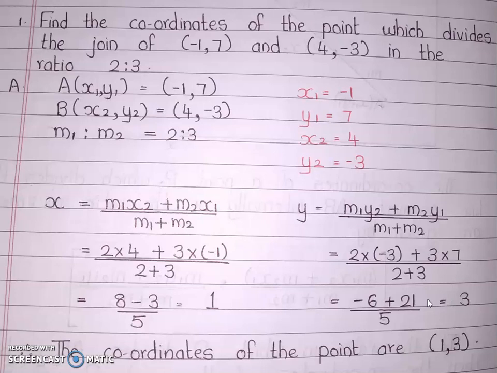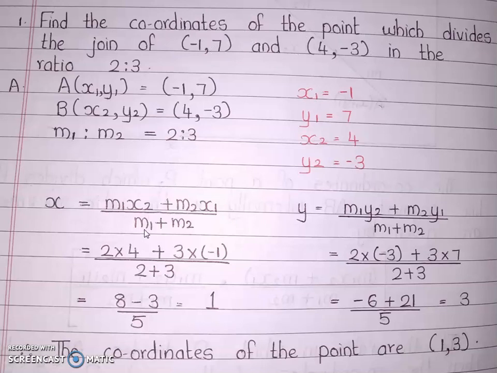Once again, this is a direct question related to the section formula. Here you have point A as (-1, 7) and we took B as (4, -3). I have taken A as (x1, y1) and B as (x2, y2).